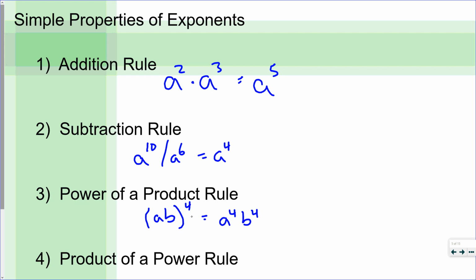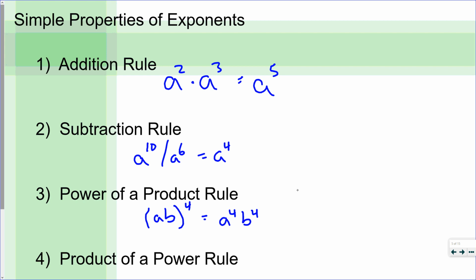So this is a situation where, if you have multiple terms all being multiplied together, whatever that exponent is can be applied to each one, and the parentheses can be gotten rid of. The one thing you have to be careful about is that it does not distribute across addition.